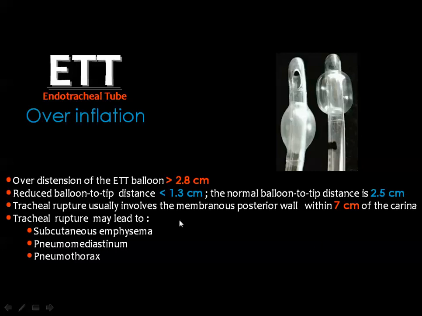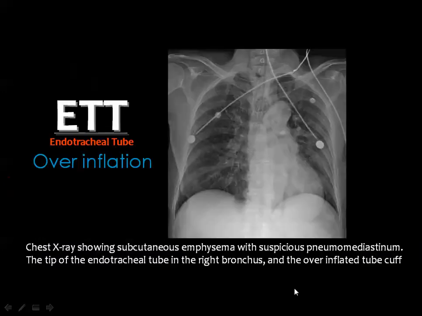And tracheal rupture usually involves the membranous part of the posterior wall within 7 centimeters from the carina. If the trachea is ruptured, it may lead to subcutaneous emphysema, pneumomediastinum, and pneumothorax. If you look carefully here, one of the difficult situations of interpretation of the chest X-rays in ICU patients is the presence of too many devices, leads, and tubes.